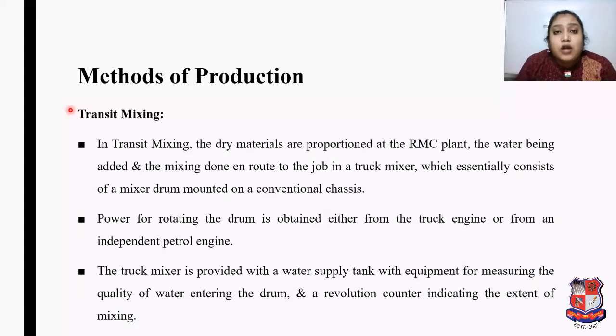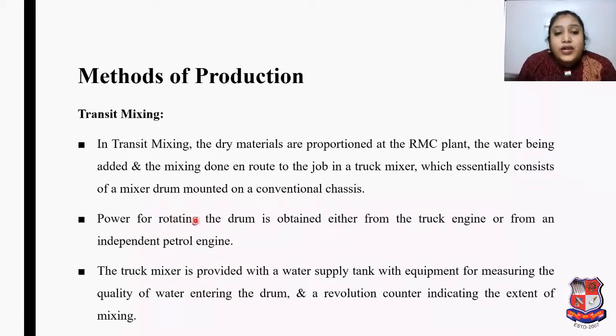If we talk about the methods of production of ready-mix concrete, then the first method is transit mixing. In transit mixing, the dry materials are proportioned at the ready-mix concrete plant, the water is added and the mixing is done en route to the job in a truck mixer, which essentially consists of a mixer drum mounted on a conventional chassis.